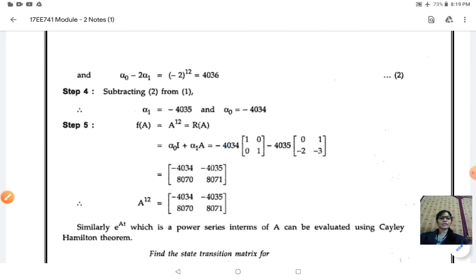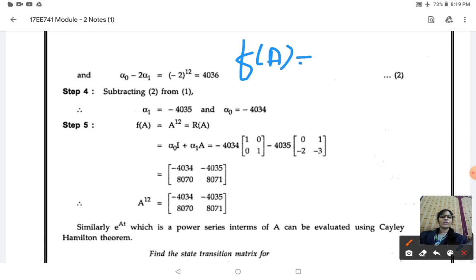One more time I will summarize the steps of what exactly you need to do. You want to calculate your f of A. The f of A formula is going to be f of A, some function they are asking you to find. For that you need to write a remainder polynomial. Before writing your remainder polynomial, you need to identify your eigenvalues.